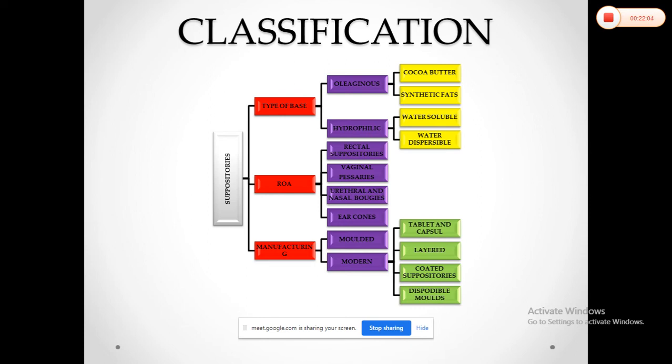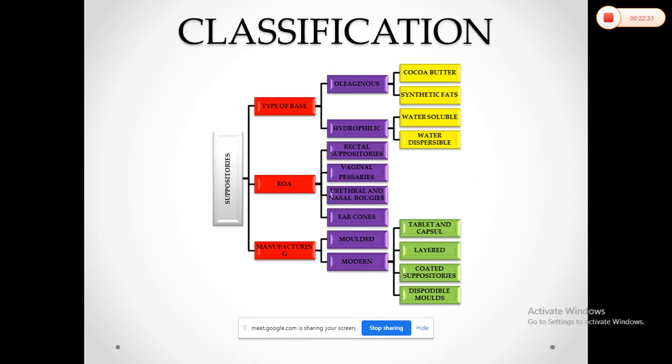So basically, torpedo shaped suppositories are used. They have the larger diameter up to about one fourth of the distance from the top, which decreases towards the base, like a bullet, which we have all seen.